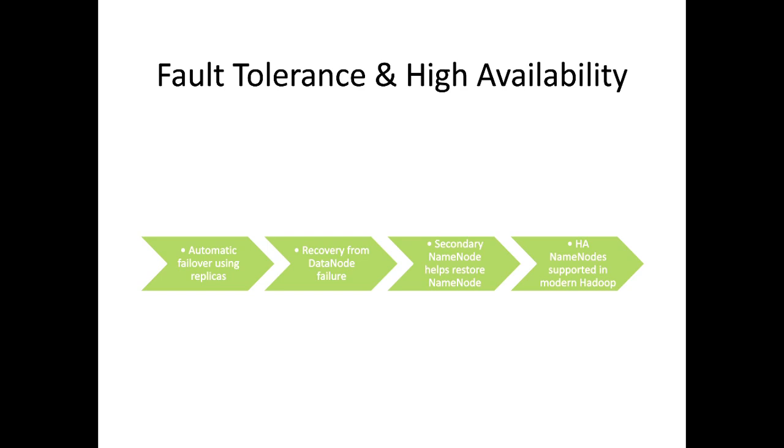So as we have seen before, each block will have 3 replicas. So we can read it whenever one data node goes down. If the name node fails, a backup from the secondary name node can help restore it. Newer Hadoop versions also support high availability of name nodes.